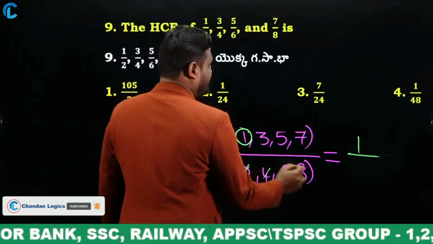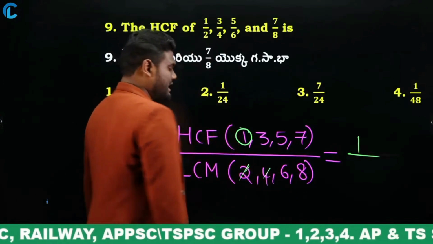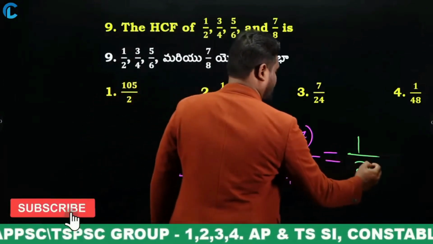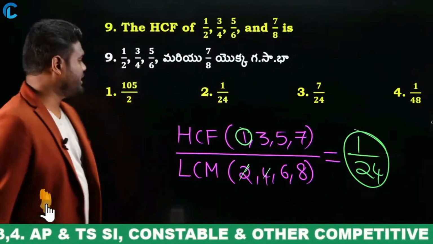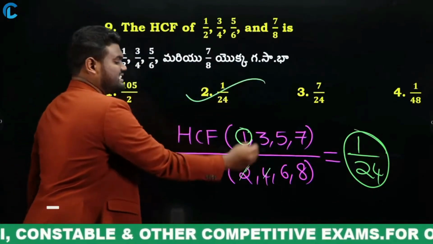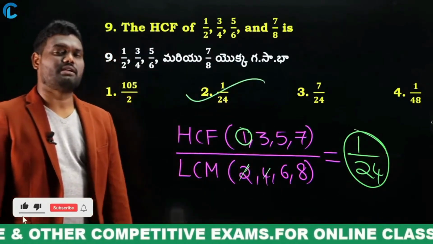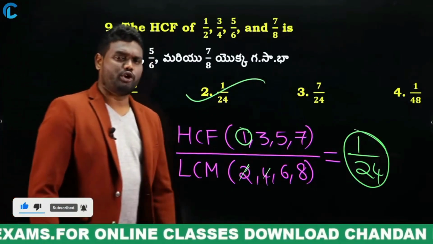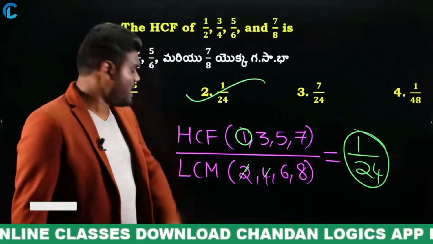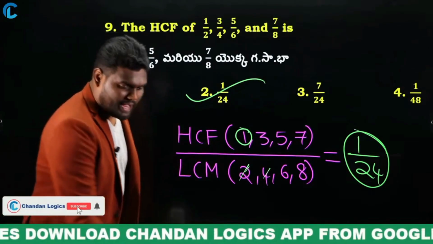Then 6 and 8 combined: what is the LCM? 24. So the answer for this question will be 1/24. 6, 8 LCM is nothing but 24. So HCF of numerator divided by LCM of denominator, the answer is 1/24.